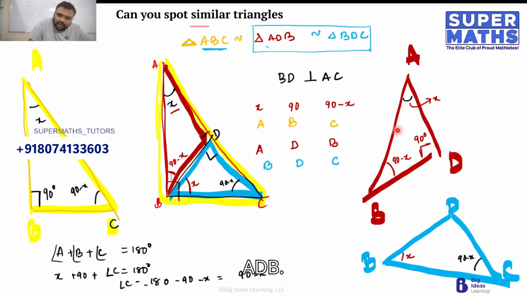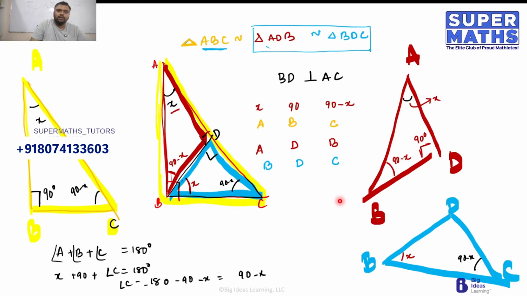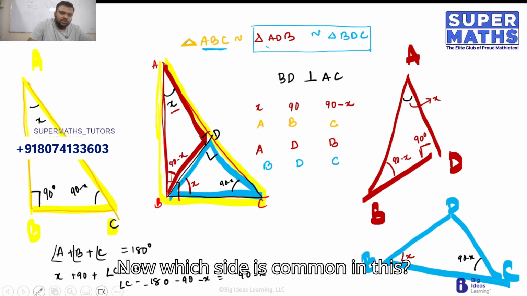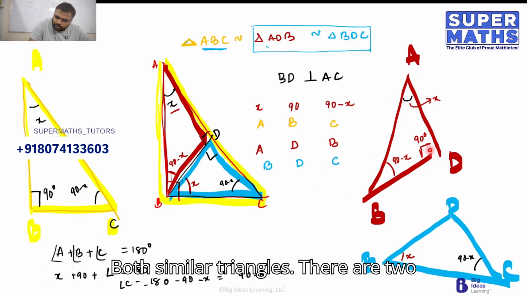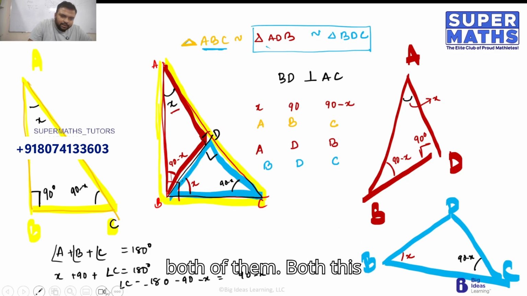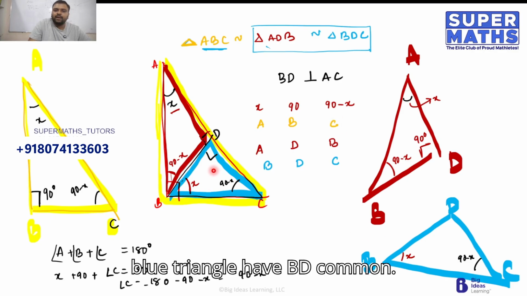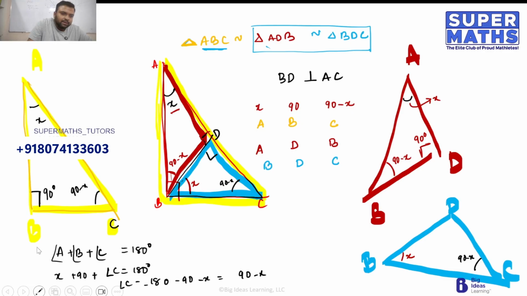Triangle ADB is similar to triangle BDC. Okay, now which side is common in this? There are two similar triangles, so BD is common to both of them, right? Both the brown and the blue triangle have BD common, right?